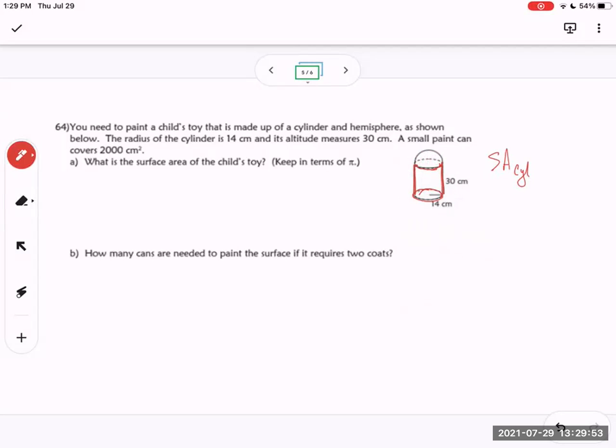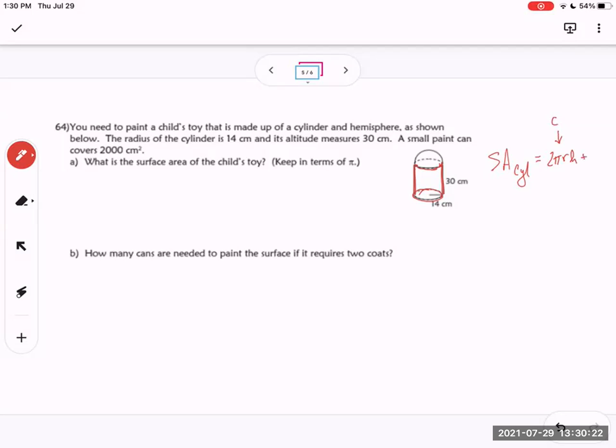So the surface area of that cylinder, not including the top part, is going to be the lateral area of the cylinder, which is 2 pi r, because that's your circumference of that circle, times h, the height.